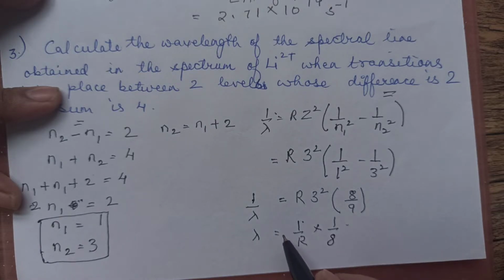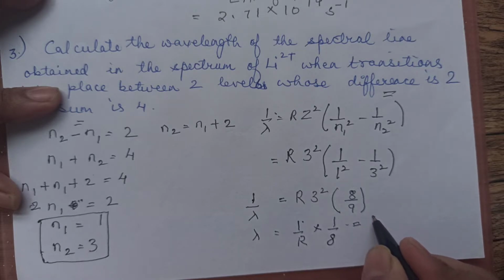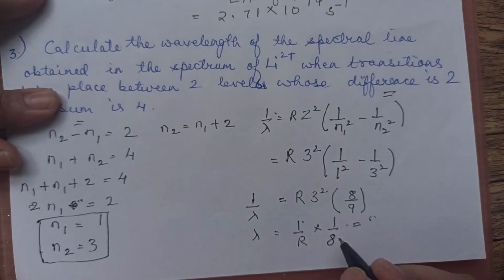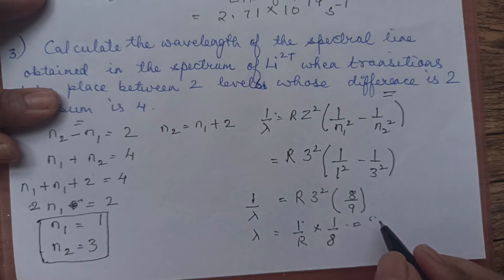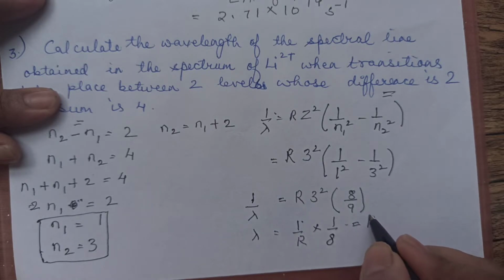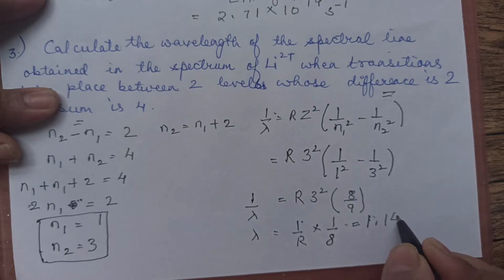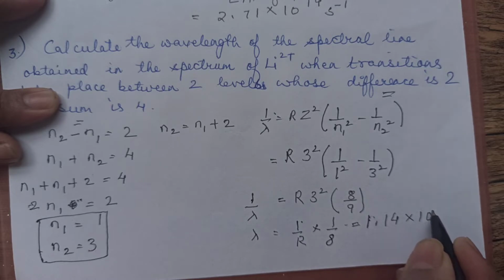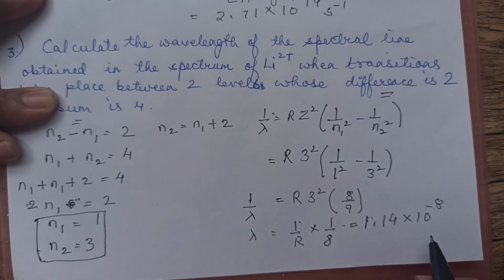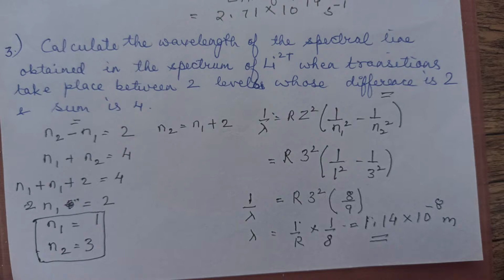And if I put the value for 1 by R, as I told you, 911 or 912, that will be giving us the answer in angstrom. But otherwise, if I am just converting that into meter, I am getting the answer as 1.14 into 10 to the power 8 meter. Is it clear, children? Till here, please take the screenshot. Now we'll discuss some more questions.